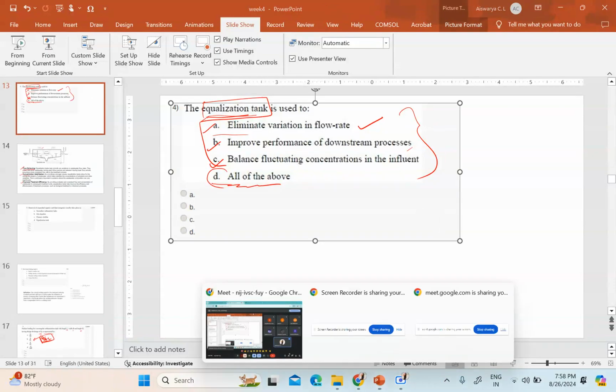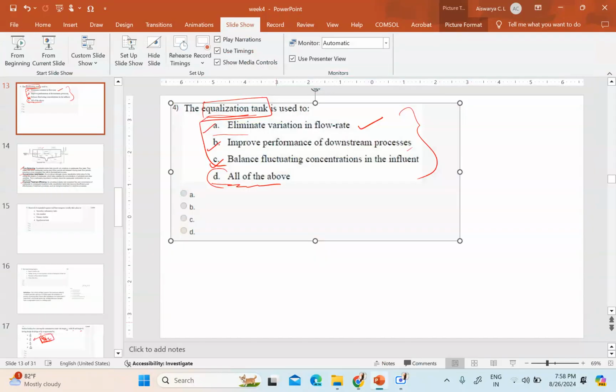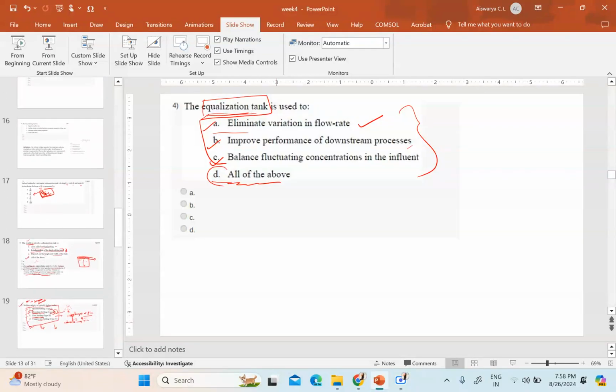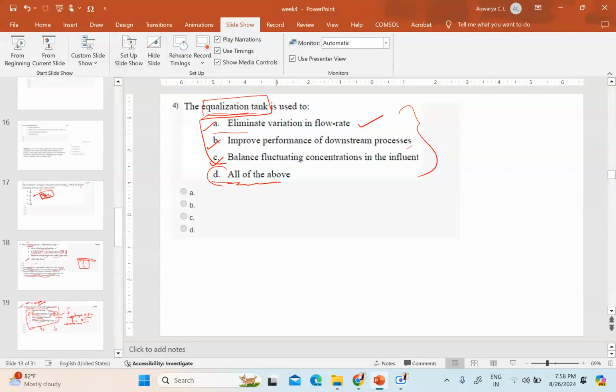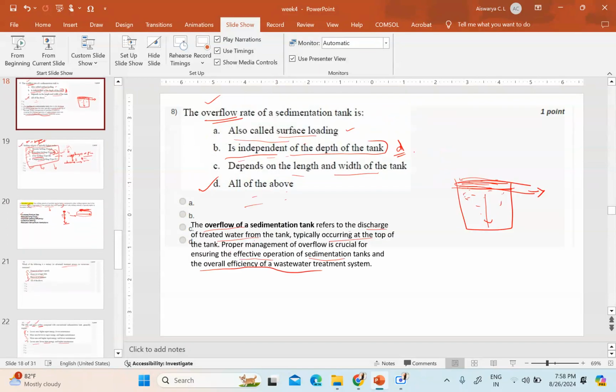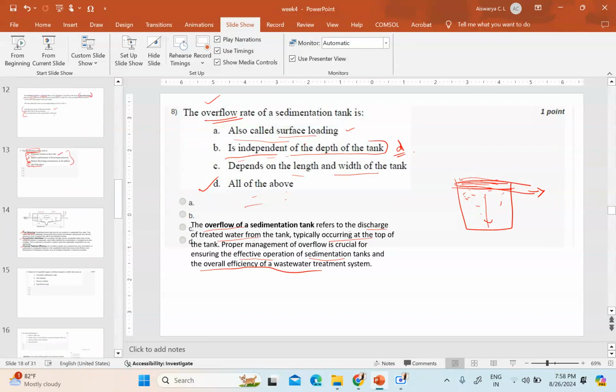Fine, can we leave for today? Mass balance, actually.